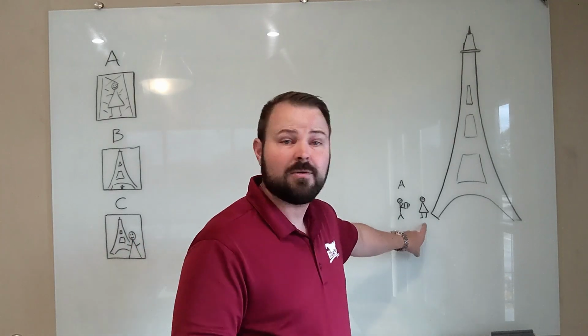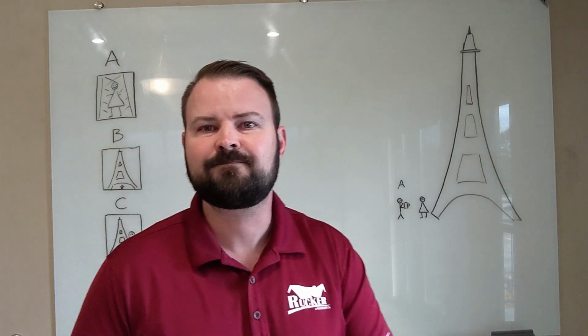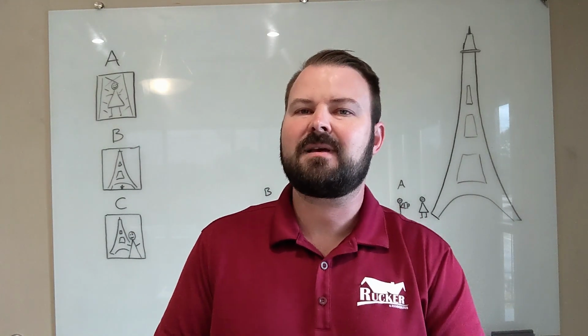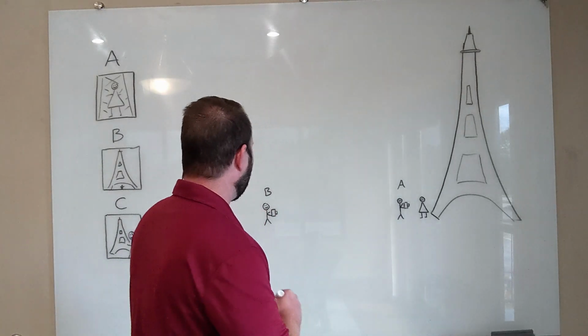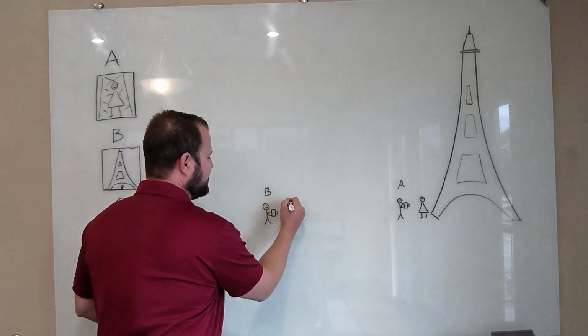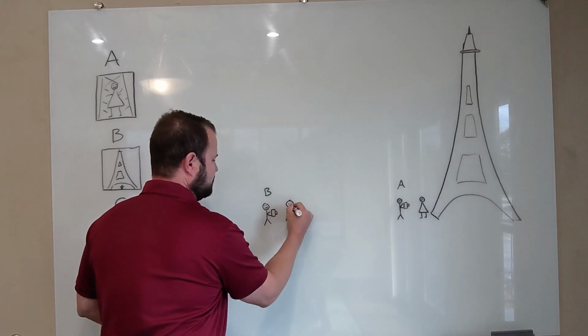Instead of getting way too close or having my photographer way too far away, what I'm going to do is I'm actually going to have my subject move much further away from the background. Like this.